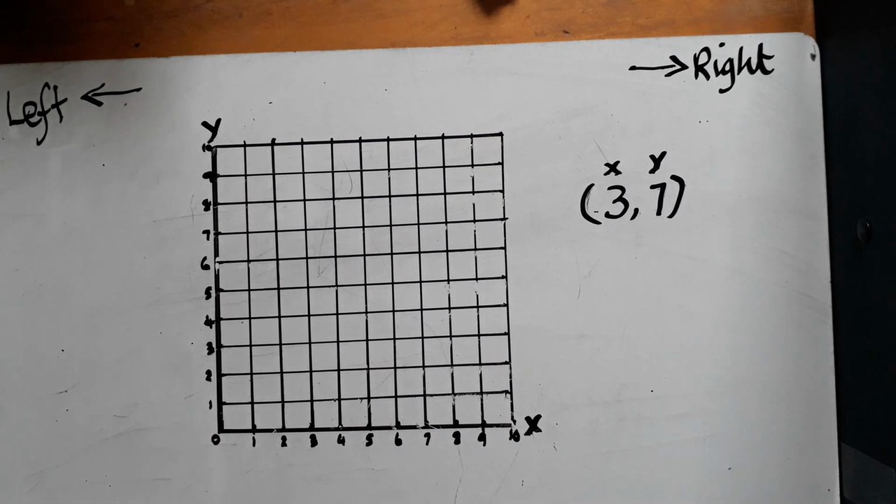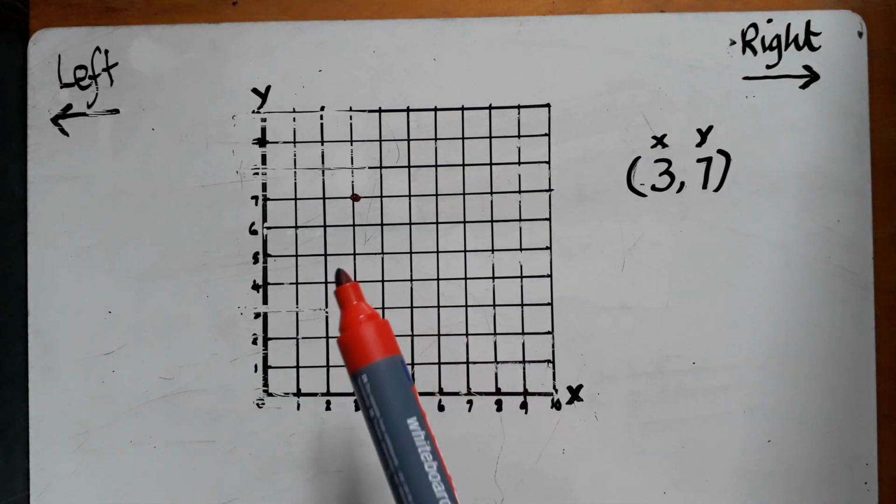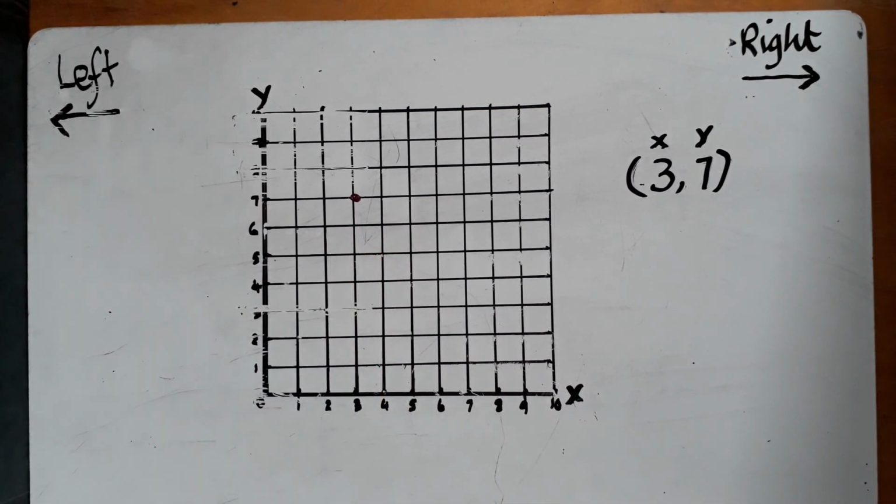All right. Okay, so we've got a 3, 7, all right, and some of the questions today ask you to translate or move your point by a certain number of squares.